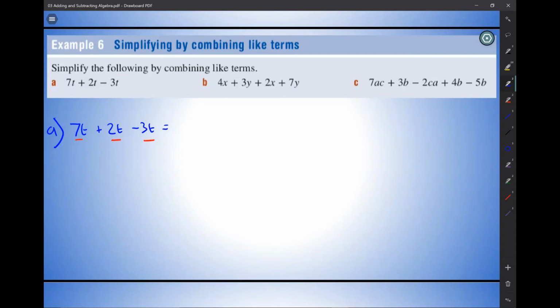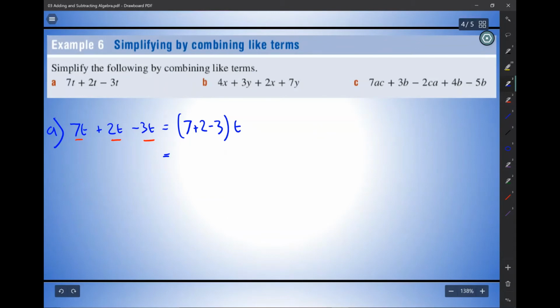Okay, so the cool thing that we can do with these like terms is that we can combine all three of them into one single term. And the way we do that is we take all the numbers out the front. Sorry, that should be 2. And we add them together. And then put a t at the end.